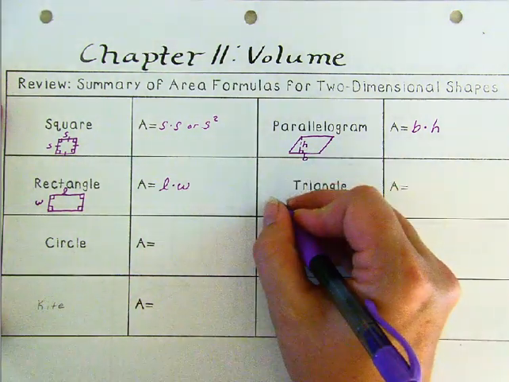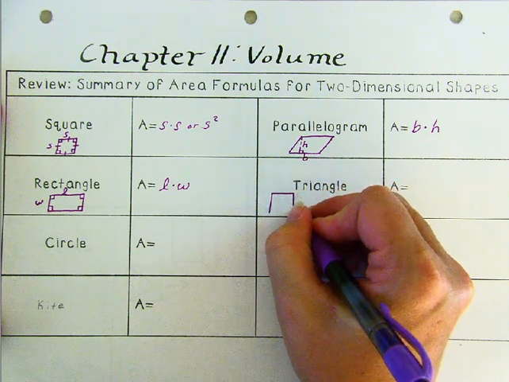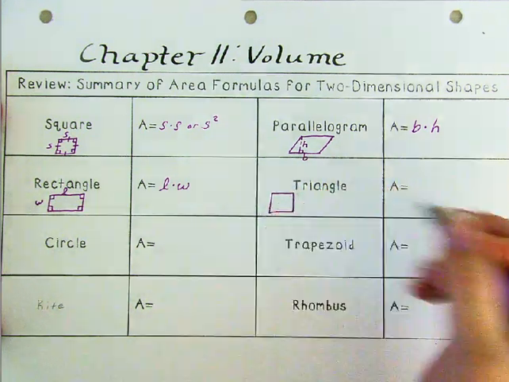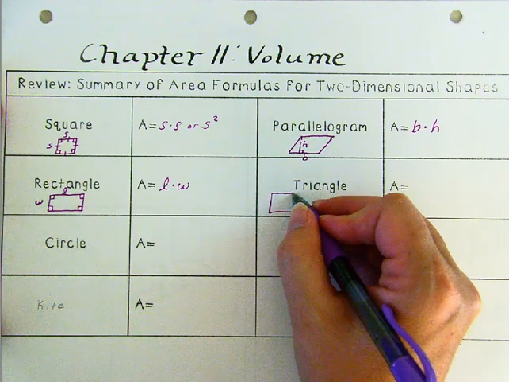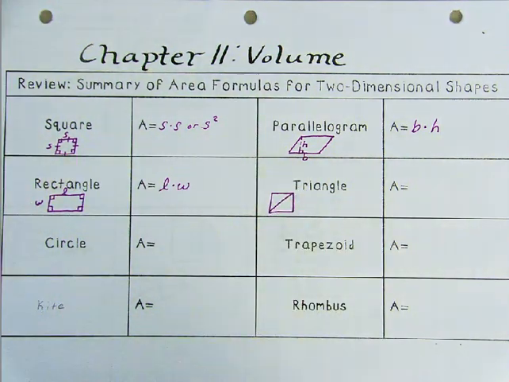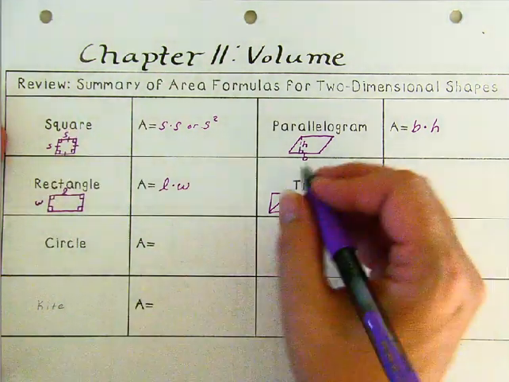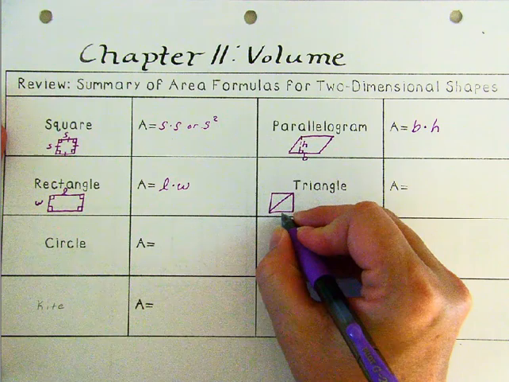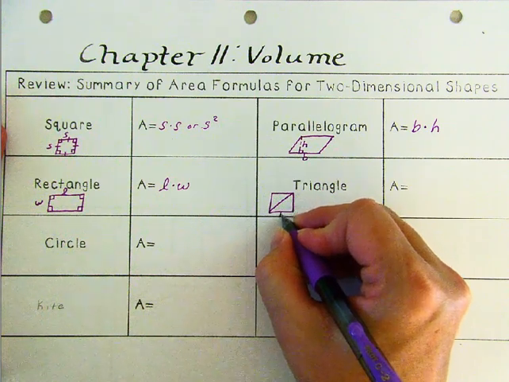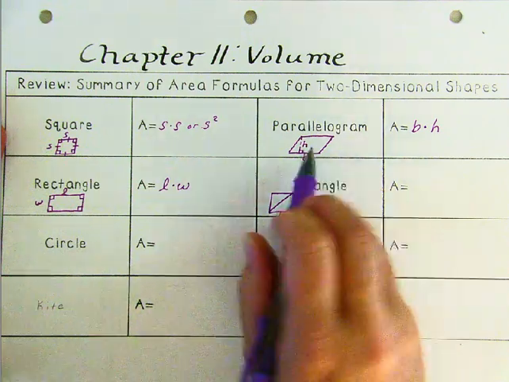For a triangle, let's say I start out with a rectangle or a square or a parallelogram. There's actually two triangles in one of these quadrilaterals. So I can take my base times the height, which we just talked about here.